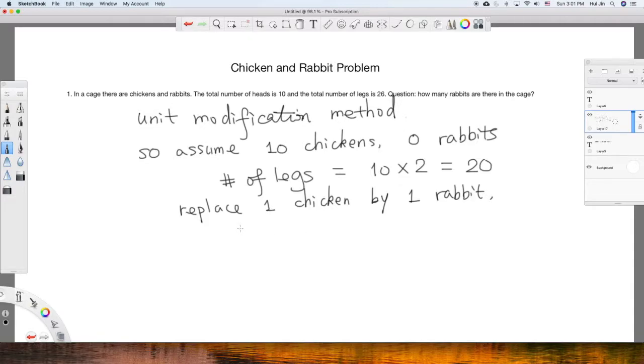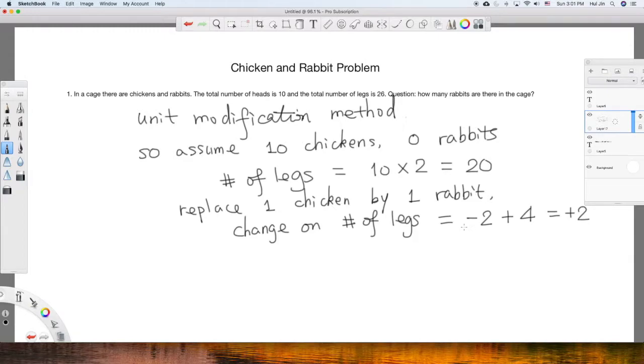So what's the change in the number of legs? We take out one chicken, so we take out 2 legs. We put in one rabbit, so we put in 4 legs. So that change is a plus 2. We're adding 2 legs.